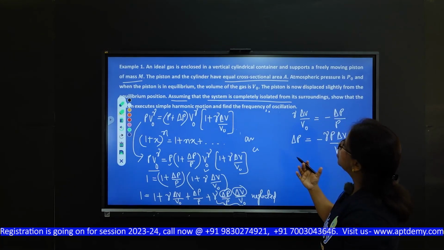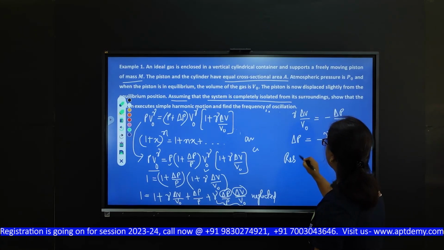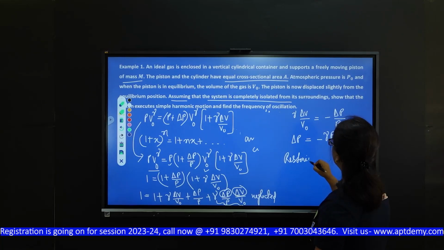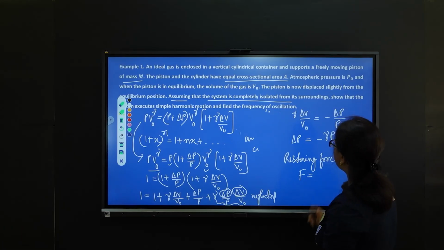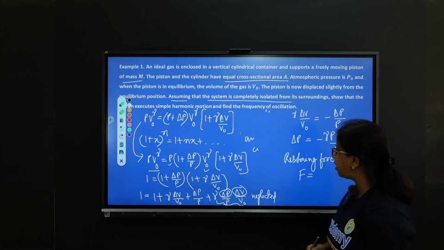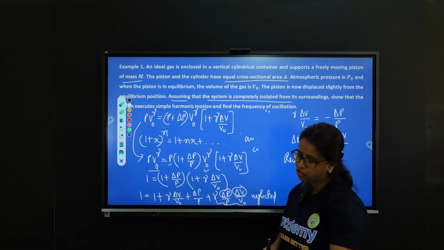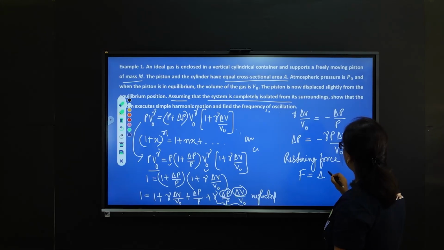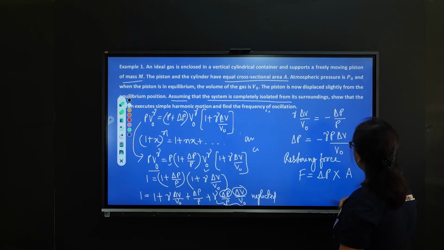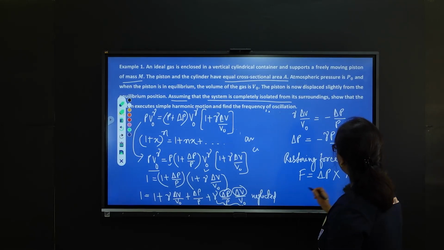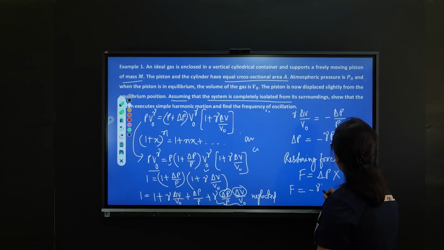Now, the restoring force set up here. Let's take the force to be F. We know force is nothing but pressure times the area. We have the change in pressure as delta P times the area, that's A. So we work on this. We have F equal to delta P, let's put in the value, minus gamma P, with an A coming up here, delta V by V naught.